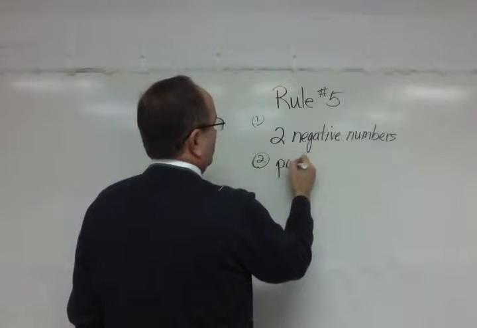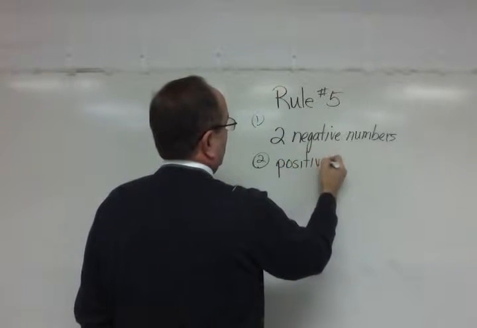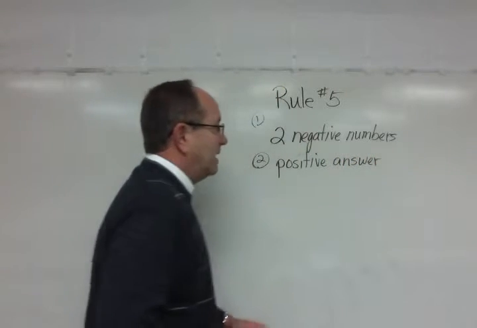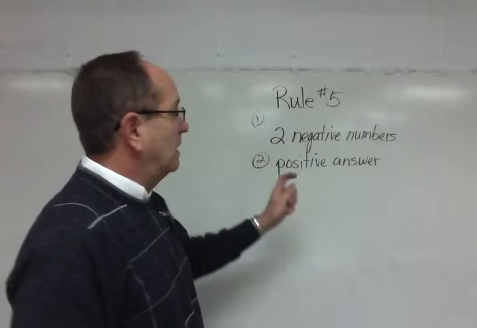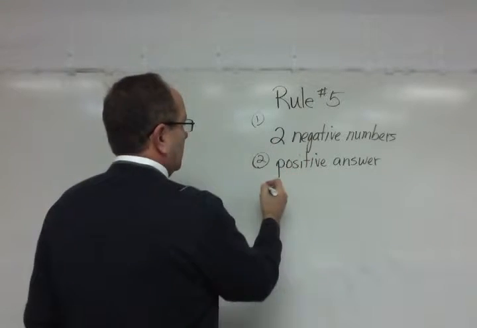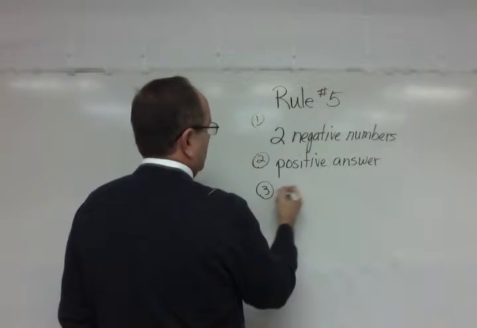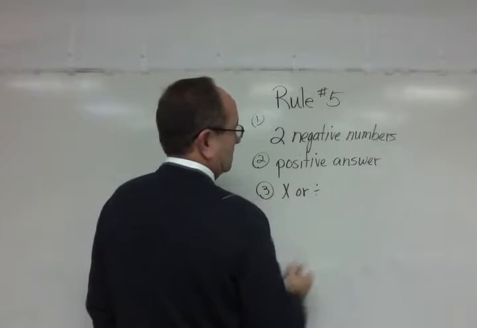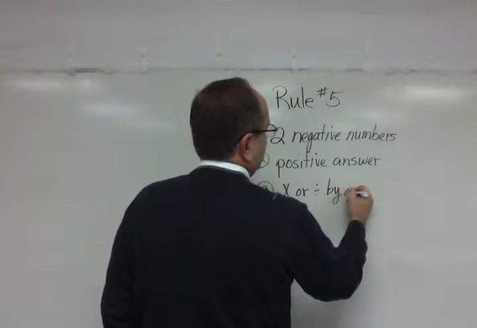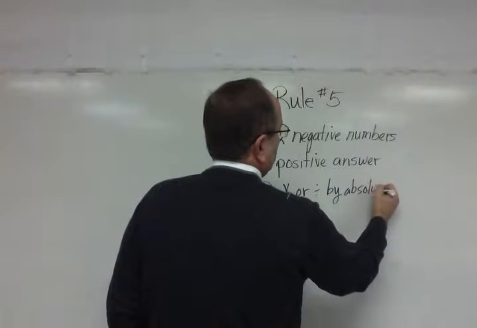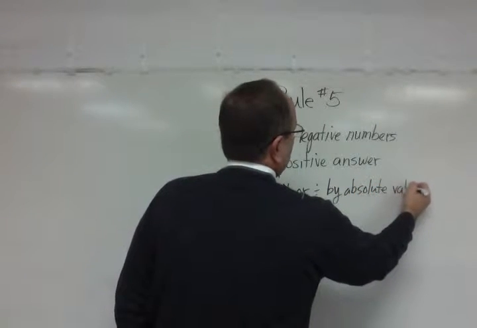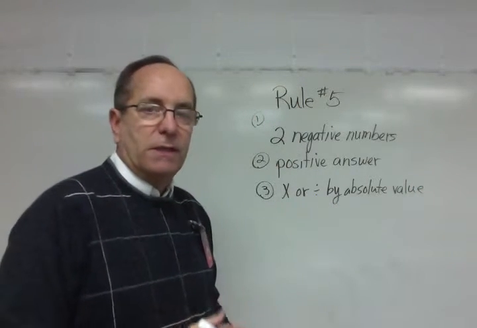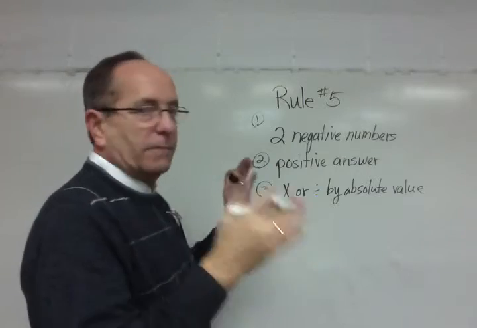So I have a positive answer. It'll always be positive. If I start with two negatives, I have a positive answer. And then step 3 is, then again, I multiply or divide by absolute value. Just always get rid of your signs. Don't worry about signs when you multiply and divide. Just think of them as absolute values.